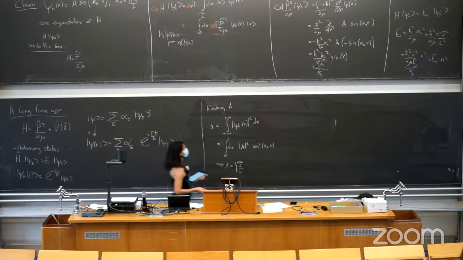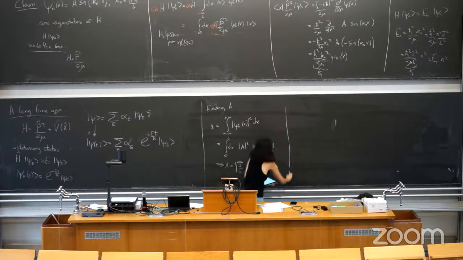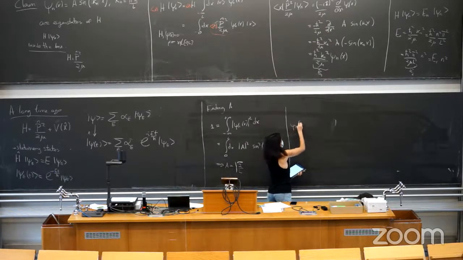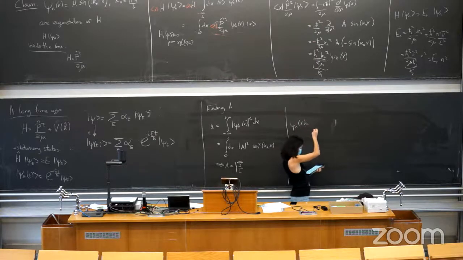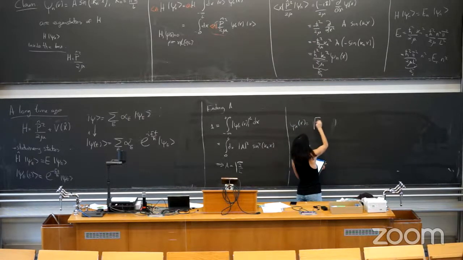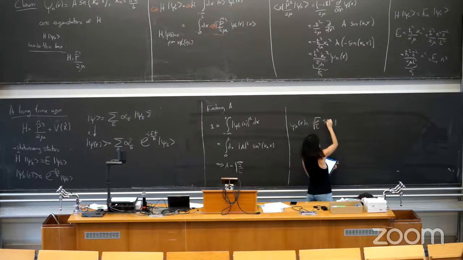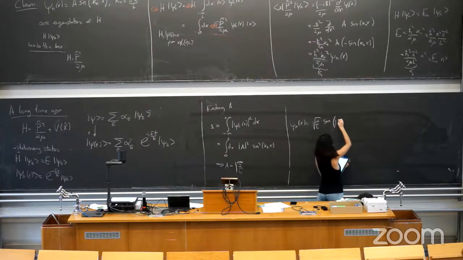So we conclude that the wave function of x is the constant square root of 2 over L, sine of this k n, which was pi over L n x. Good.